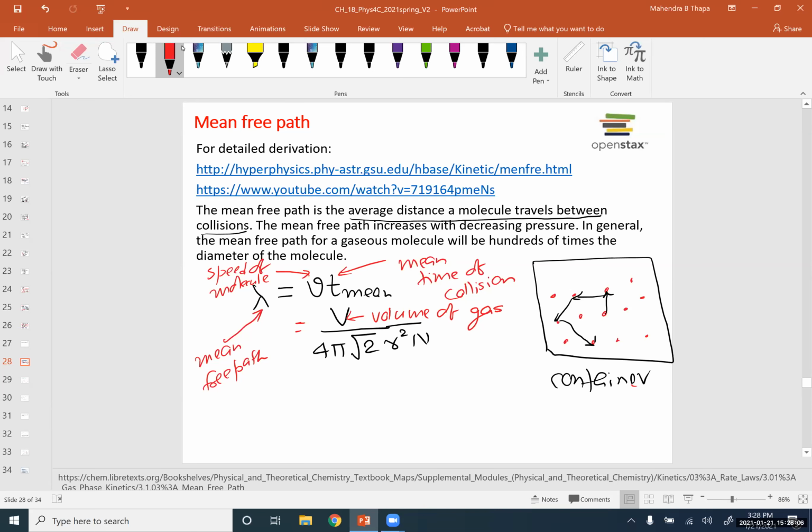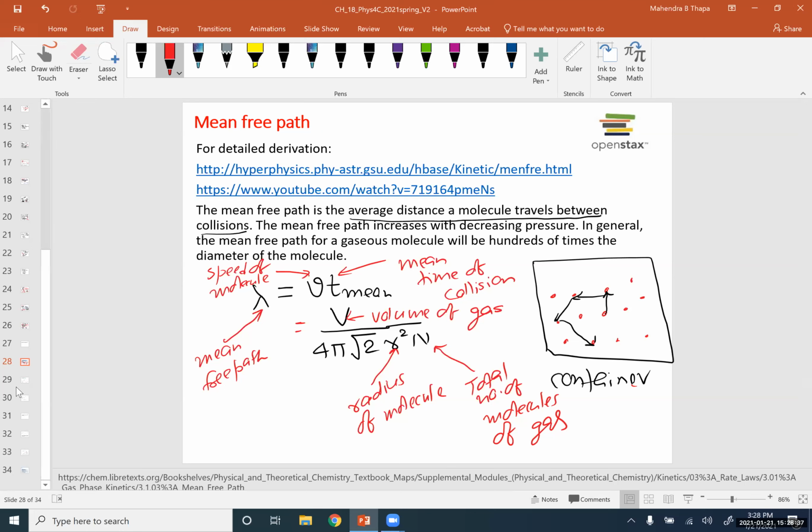And here r is the radius of the molecule, and this N represents the total number of molecules of gas. So using that expression, we can find the mean free path for a given gas molecule.